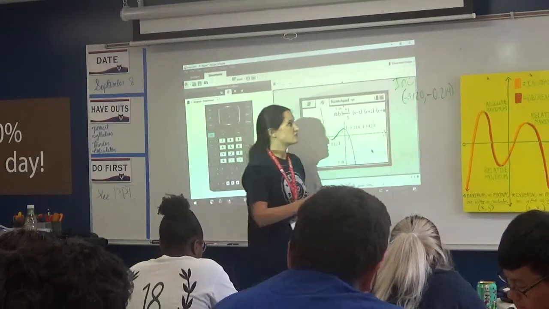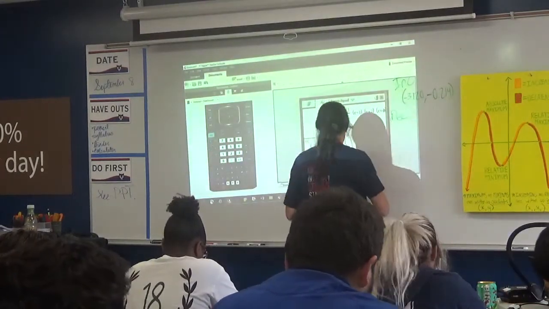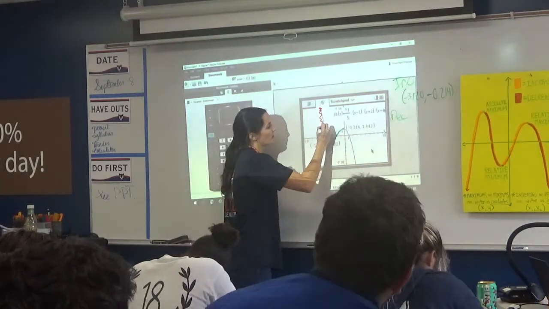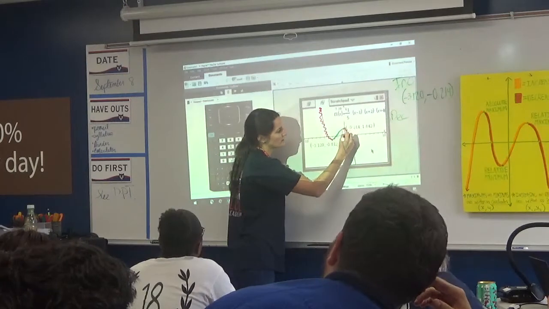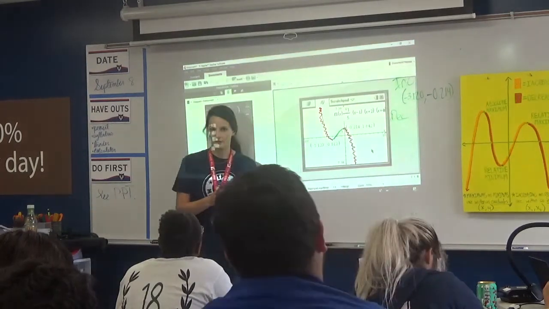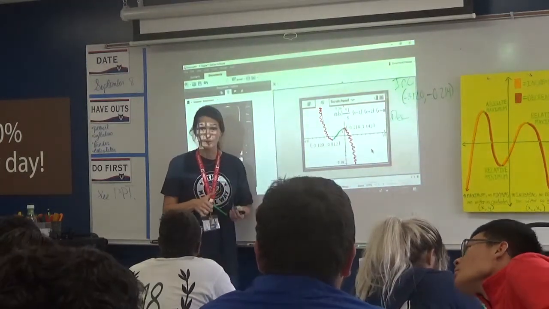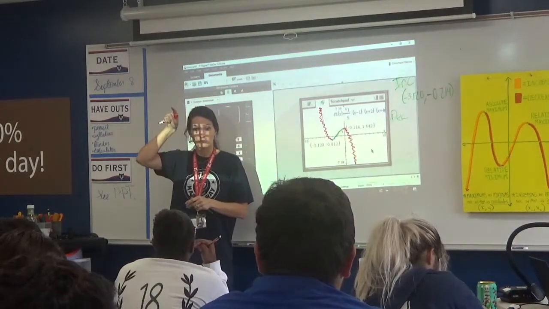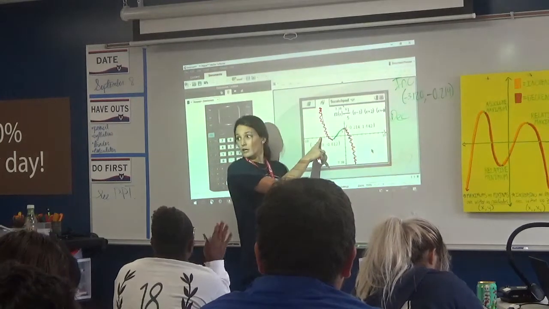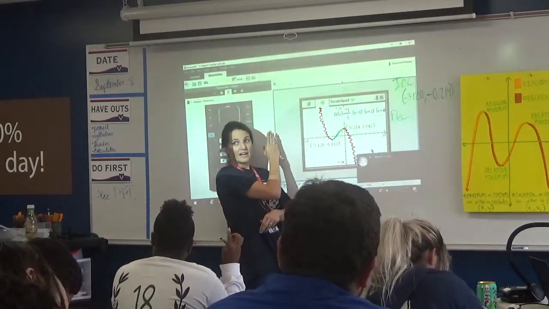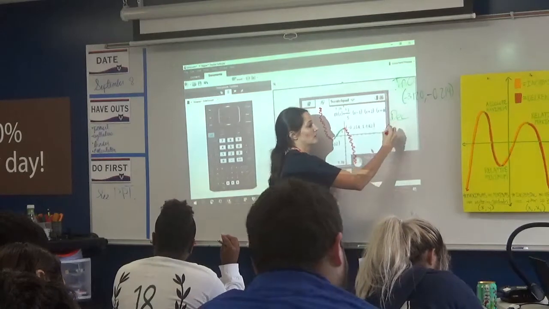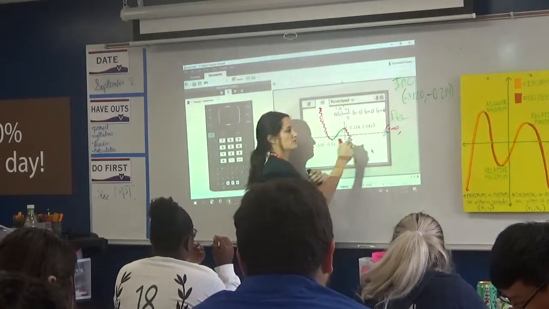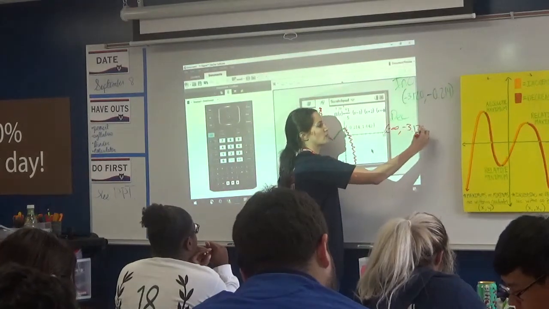Okay, decreasing. Maybe a little more challenging because we've got this part and we've got this part, right? So we're going to have two, and when you have two intervals, remember you just put the union symbol in between them. So for this one, we're going to say from negative infinity all the way to negative 3.120.